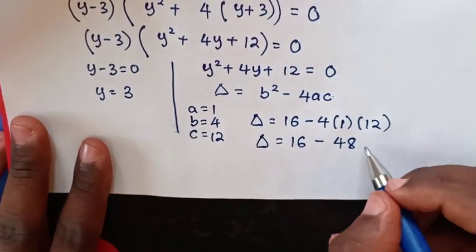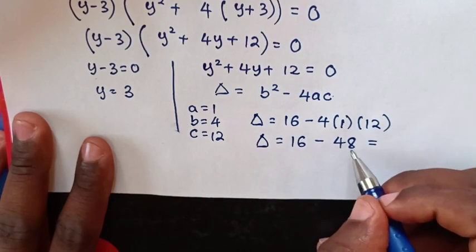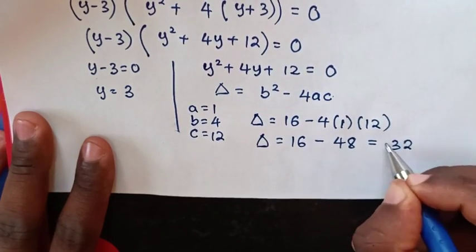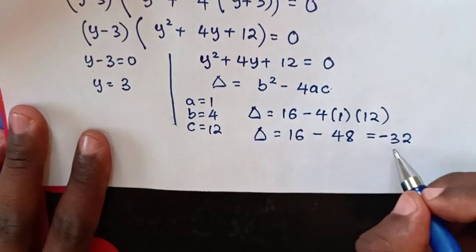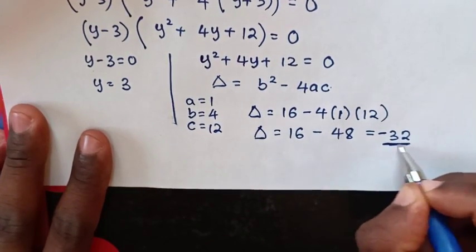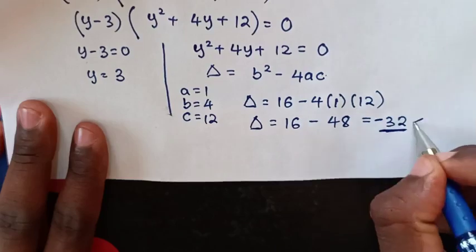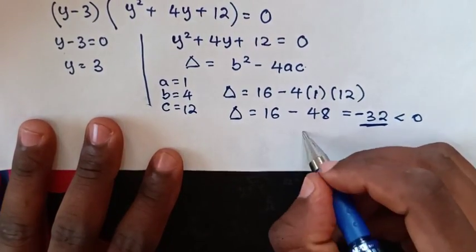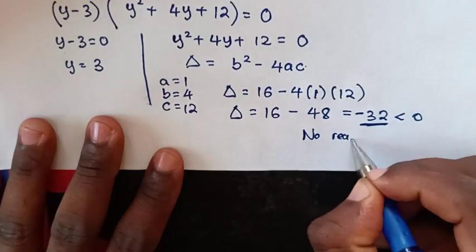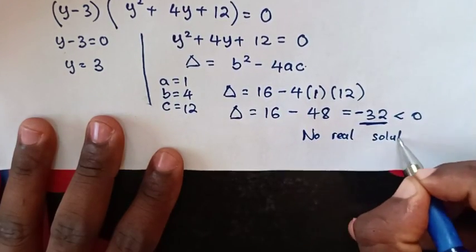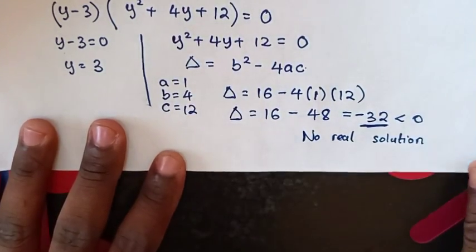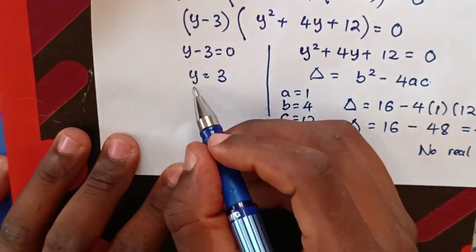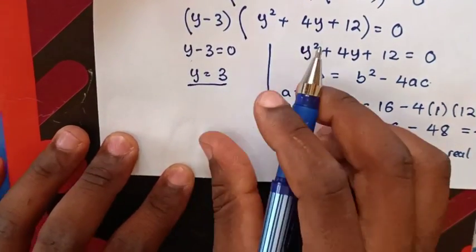So 16 minus 48 is negative 32. So it means when the discriminant is negative, or less than 0, there is no real solution in this quadratic equation. So the only solution is y is equal to 3.